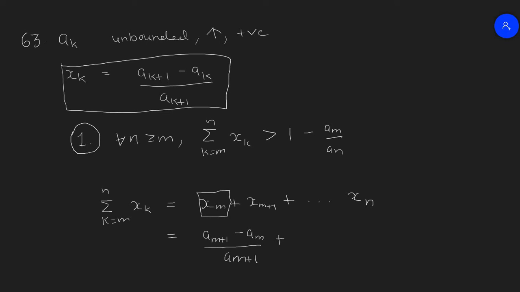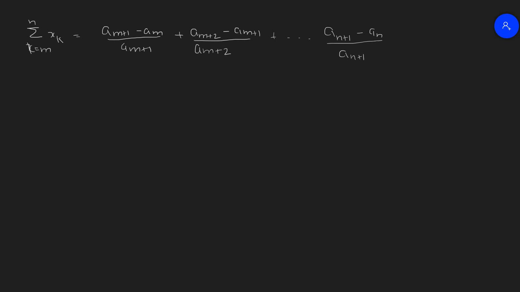The second term would be (a_(m+2) minus a_(m+1)) divided by a_(m+2). The terms continue like this, and the last term would be (a_(n+1) minus a_n) divided by a_(n+1). Thus we have the summation from m to n of x_k as the sum of these terms.